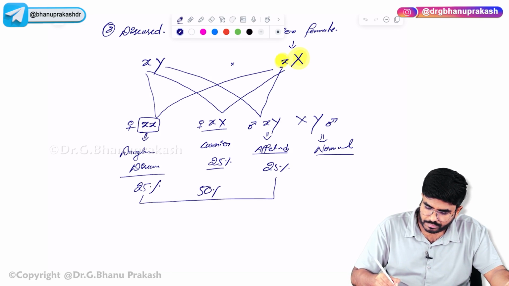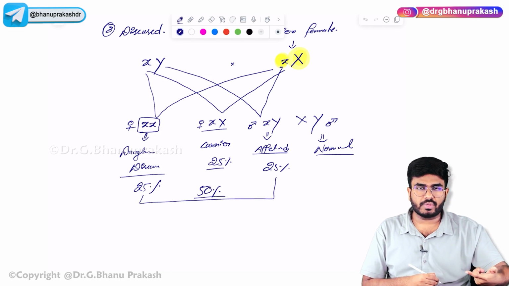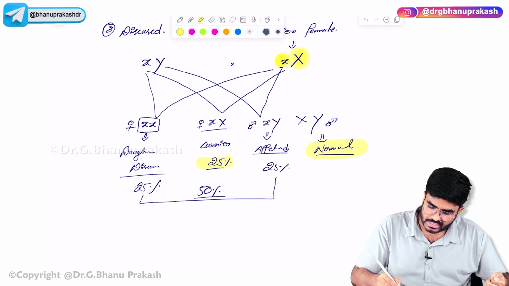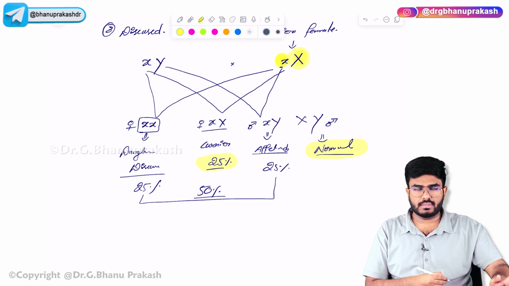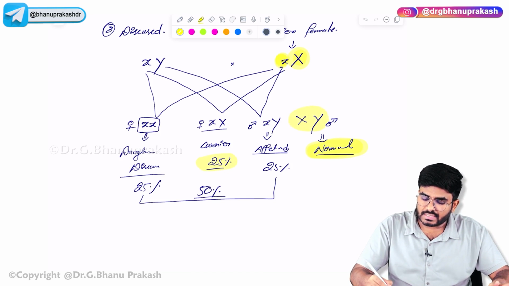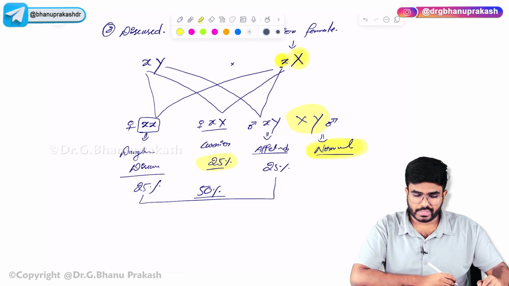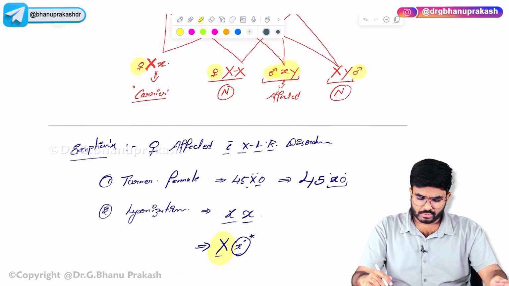There is a 25% chance of a carrier female, and a 25% chance that they can have a normal male child.